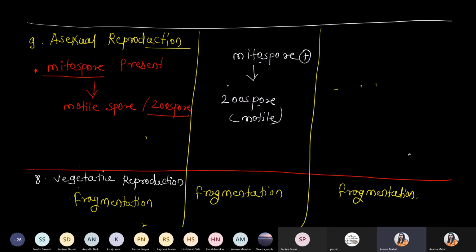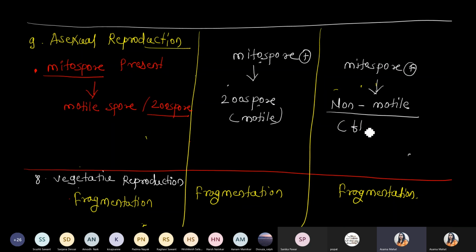But in this case the scenario changes a little. The spores present here, now we are talking about the presence of the mitospore. Definitely mitospores are present, but now these mitospores are not motile. All these mitospores are non-motile. Motile spores are absent. So what will be present here? There is a presence of the non-motile spore.